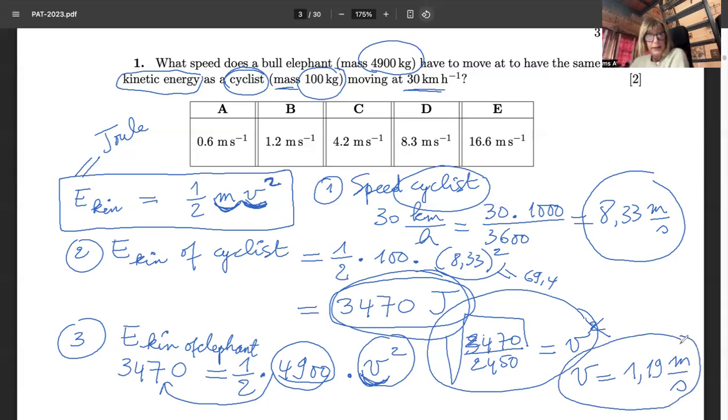And now I'm going to see if there is an A, B, C, D, or E, which is, yes, I have this one. You see, B. Now, if you have here, you see, minus 1 there, it's the same as putting this underneath. That's the same. Okay, so I found B is the right answer.